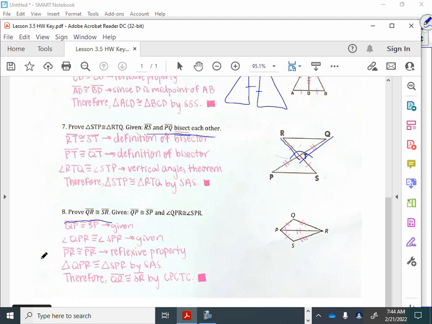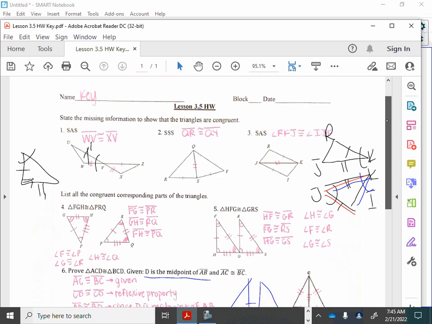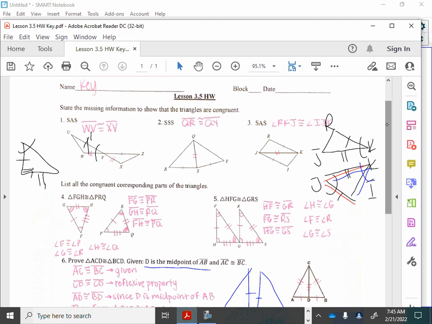How come on 1 and 3 it's asking for the same thing but you named it differently? Like, number 1 is named by a line segment, and number 3 is named by an angle. Good question. It depends on what your obvious is. Your obvious is not your answer. It's whatever the non-obvious is. So for number 1, my obvious is that those angles are congruent.